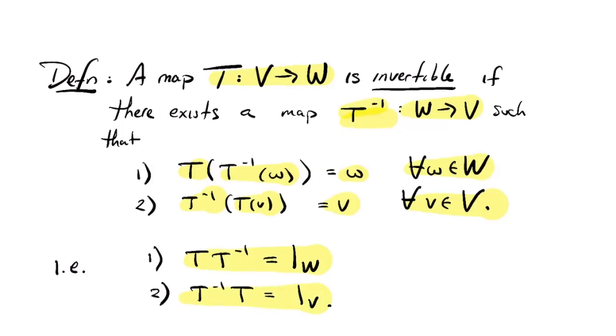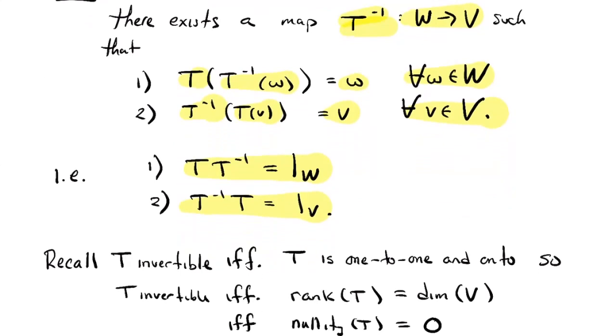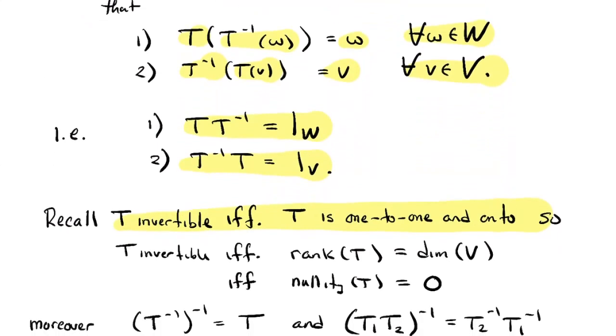You recall from Math 240 that a function is invertible if and only if it's bijective, right? So it has to be 1-to-1 and onto. That's when you can define an inverse. And then using a little bit of our previous theory, in the case of a linear map, T would be invertible if and only if its rank was equal to the dimension of the domain, right?